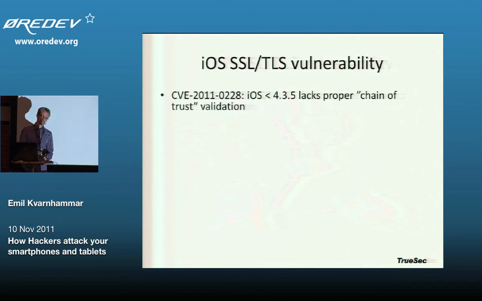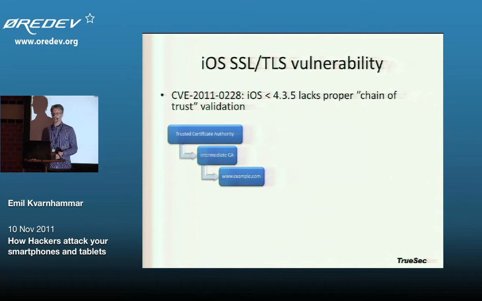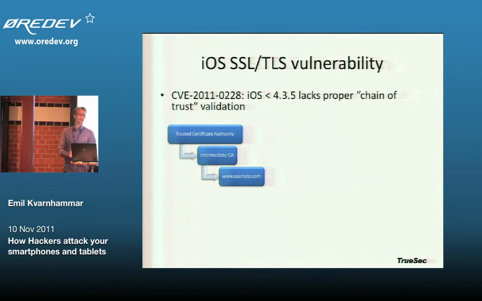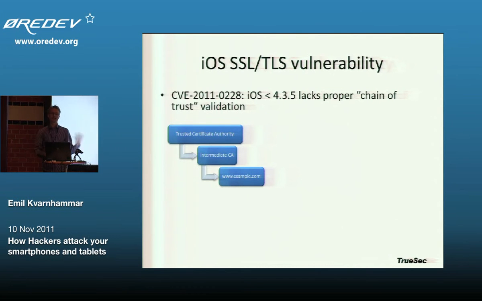But the problem is, in iOS there was a vulnerability that was fixed in 4.3.5, where the Apple developers didn't do a correct chain of trust validation of certificates. A normal chain of trust is that you have your server certificate at the bottom, which in turn is signed by maybe an intermediate CA, and at the top you have a trusted CA that is trusted by the device platform.